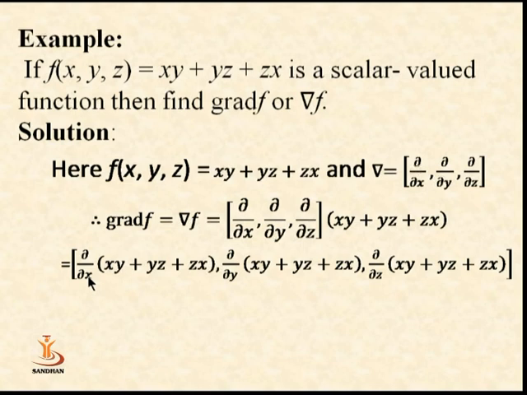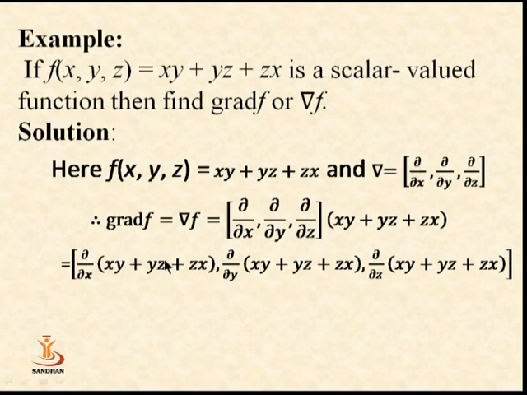We know that when we do the differentiation with respect to x, that time we consider y and z as constants. So here when we differentiate this function with respect to x, we know that the differentiation of x is equal to 1. So we get from this term only y.